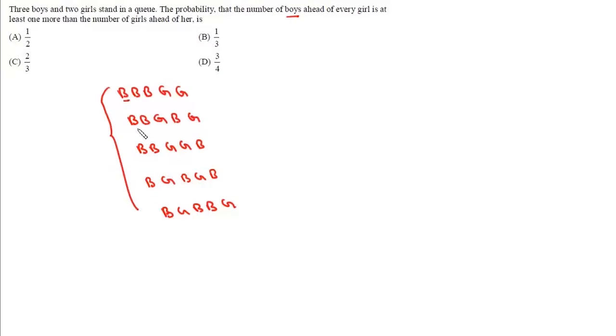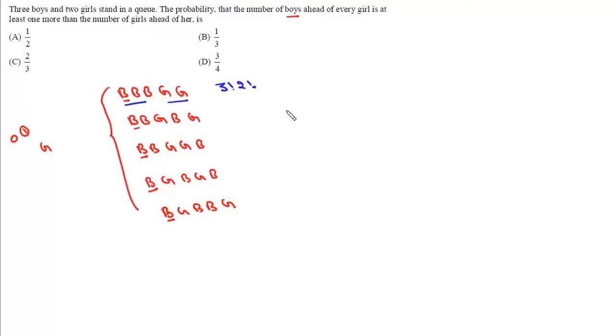So it should start with a boy, because before any girl the number of girls is 0, so it should have at least one boy. All these permutations start with a boy, and then we have to follow the given condition. Now in each arrangement, we have 3 places for boys and 2 places for girls, which can be arranged in factorial 3 into factorial 2 ways.